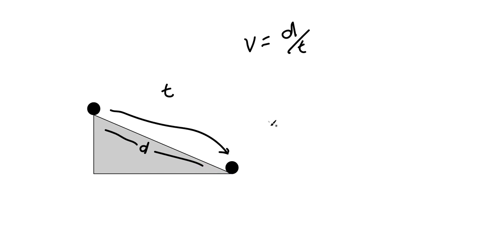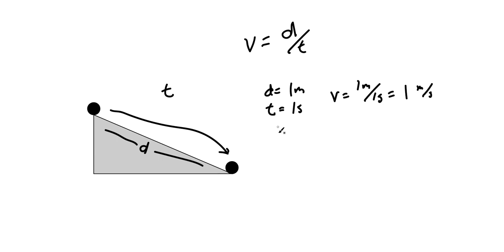Let's say the distance d equals 1 meter, about 3 feet, and the time it takes to get there is, let's make it simple, 1 second. So what's its velocity? V equals distance over time. 1 meter divided by 1 second equals 1 meter per second.